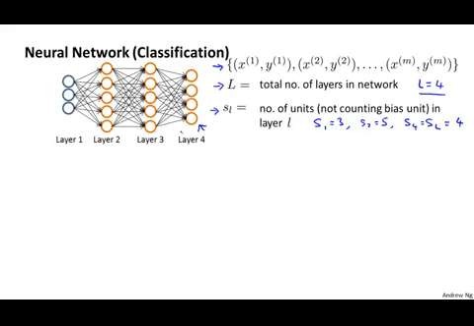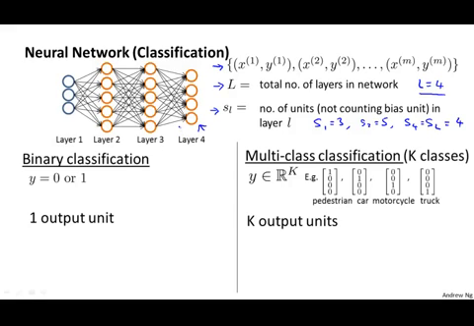We're going to consider two types of classification problems. The first is binary classification, where the labels y are either 0 or 1. In this case, we would have one output unit. So this neural network on top has 4 output units, but if we had binary classification, we would have only one output unit that computes h of x. And the output of the neural network would be h of x, which is going to be a real number.